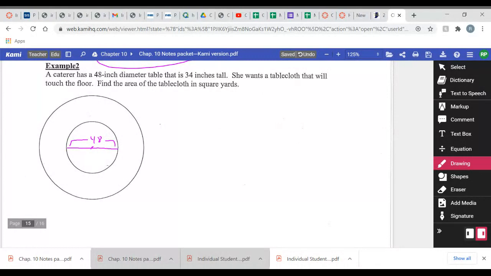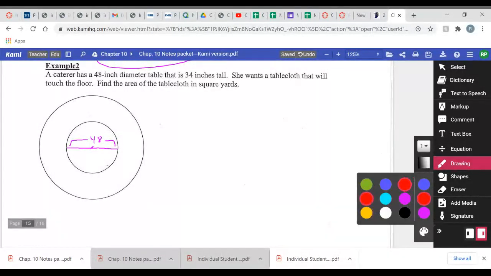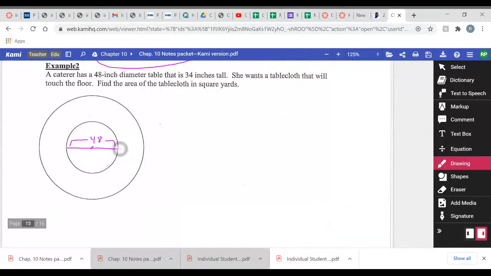But she wants the tablecloth to hang over the edge on each side and touch the floor. So if you think about the bigger circle being the whole tablecloth, if you put it on the table and let it fall down, then if it's 34 inches to the floor, it would be 34 from here to here, and it would also be 34 from here to here.